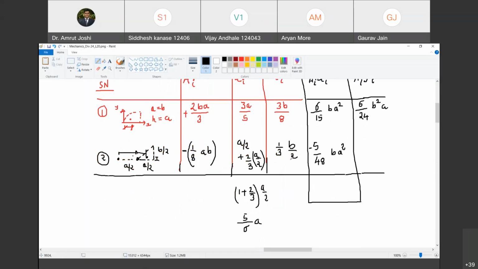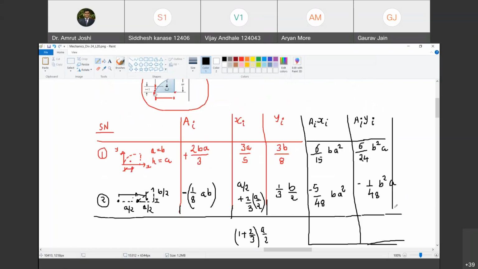It is b by 6. So it is 1 by 48 b square a and minus. Agreed? Yes, sir.